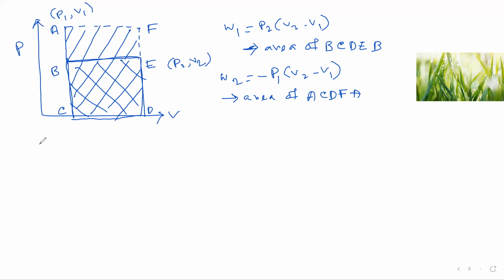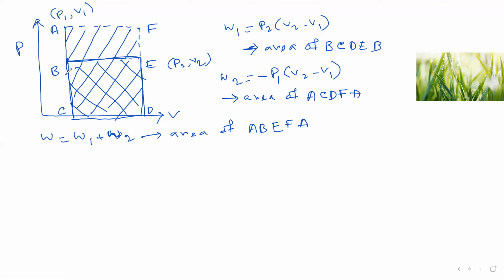So now what will be the W? W is equal to W1 plus W2. So if we add these two areas, it will be the area of A, B, E, F, A, this one.